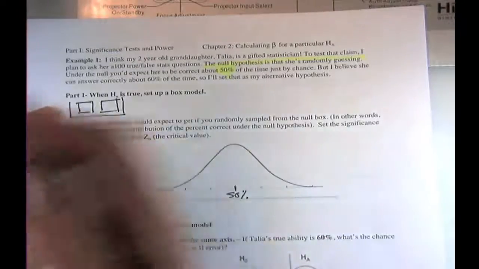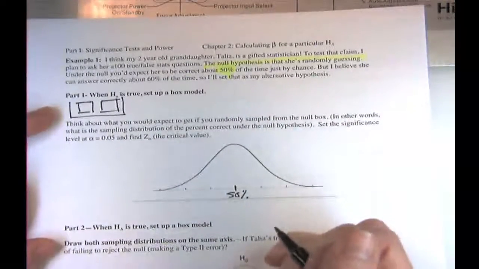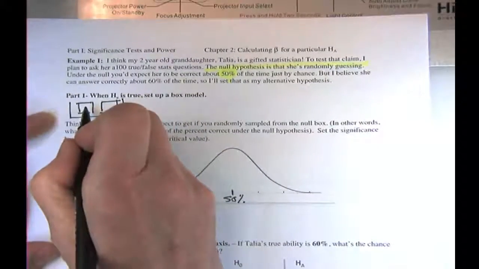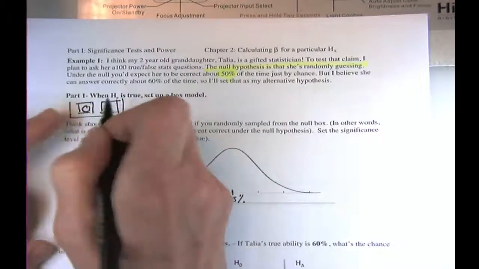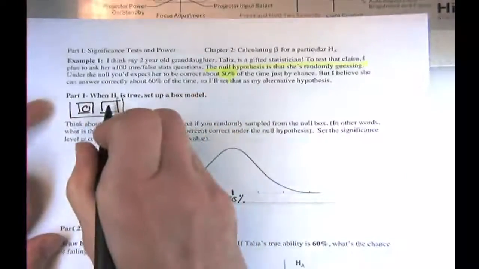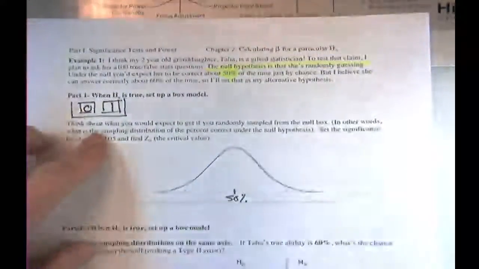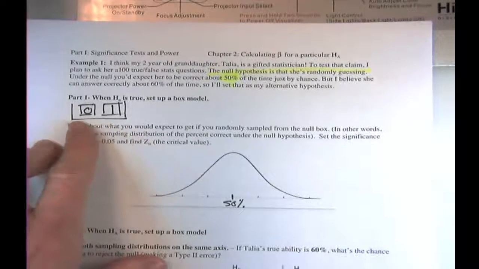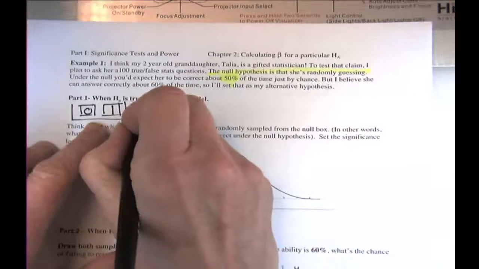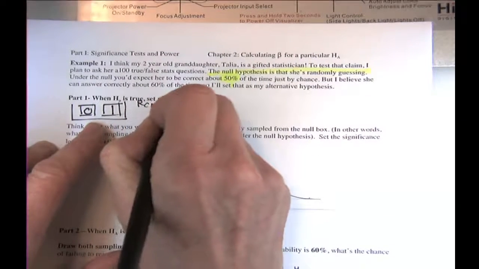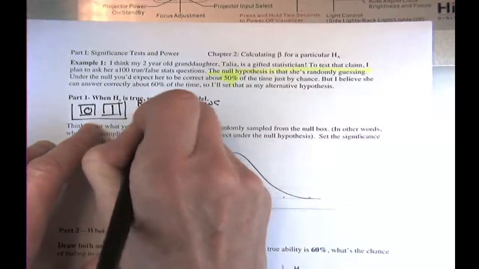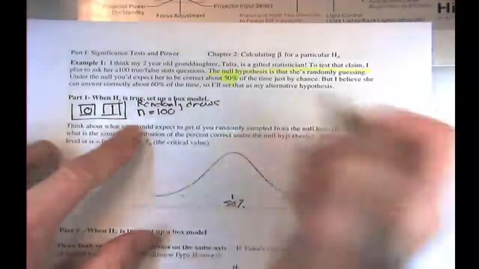In this case, it translates very easily. For each question she's randomly guessing on, if she gets it wrong just by the luck of the draw, we'll call it 0. And if she gets it right, we'll call it 1. So that's our box model. And what we want to do is figure out what happens if she randomly draws from here n equals 100 times, that's the sample size.